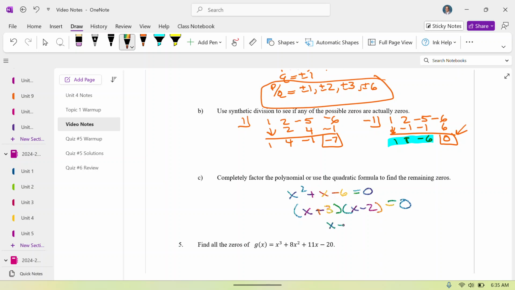So you set those equal to 0, and you get x equals negative 3 and x equals 2. So your three answers are, I'll just put it least to greatest, negative 3, negative 1, and 2. Those are your three answers.